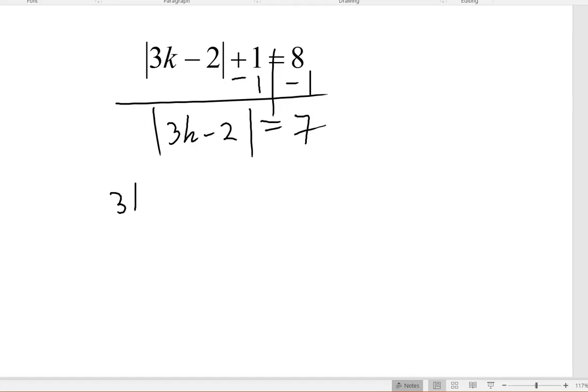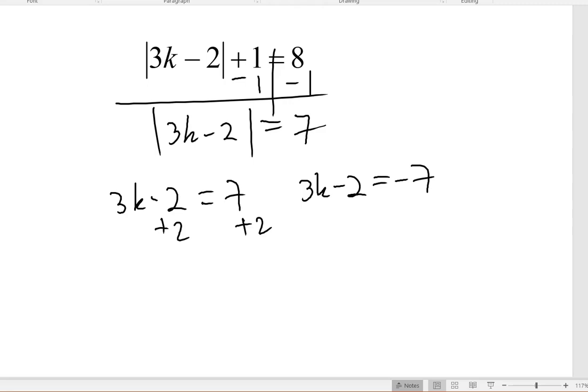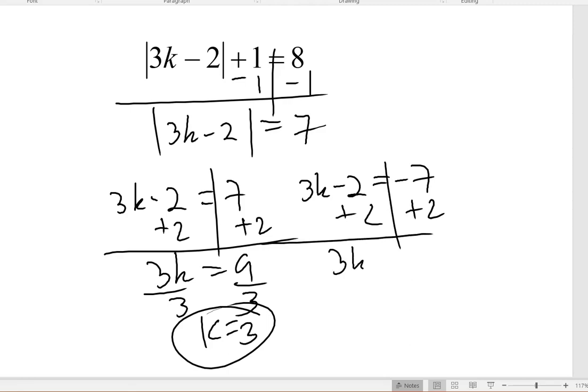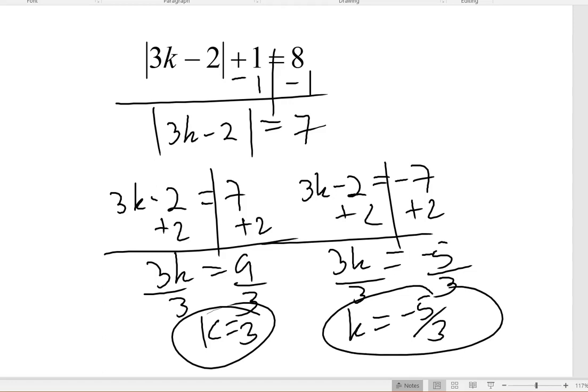Now we can split it. 3k minus 2 equals 7. 3k minus 2 equals -7. 3k equals 9, so that k equals 3. Or 3k equals -5, so that k is equal to -5/3. And I'd be fine with the answer like that.